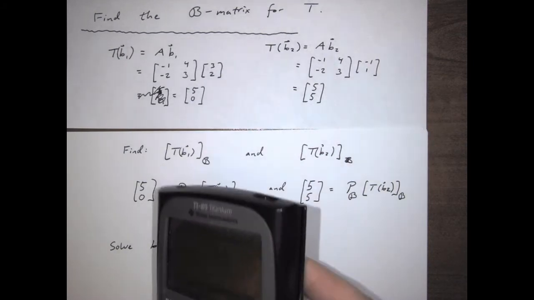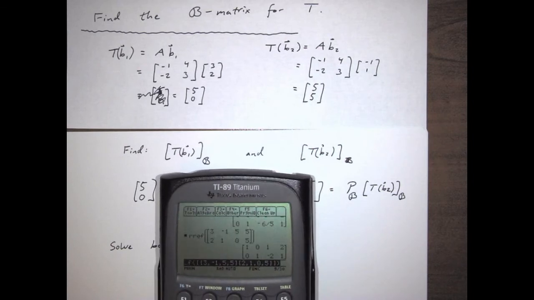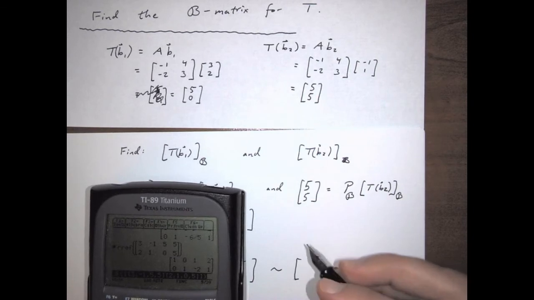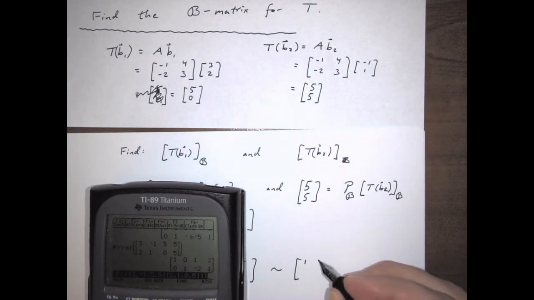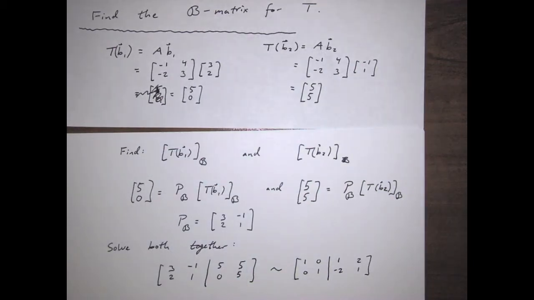And what I get when I set up and row reduce that matrix is the following. So I get 1, 0, 0, 1, so in other words, just the identity on the left, and 1, -2, 2, 1. Which means then that our M is going to be, well, the first column is going to be the representation with respect to B of T of B1, which is going to be the 1, -2.